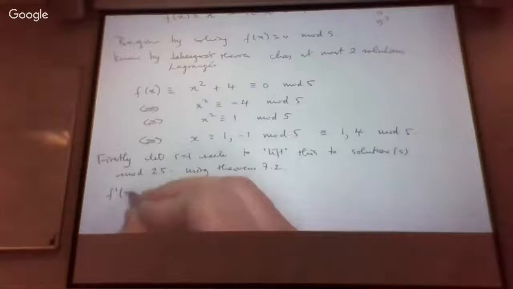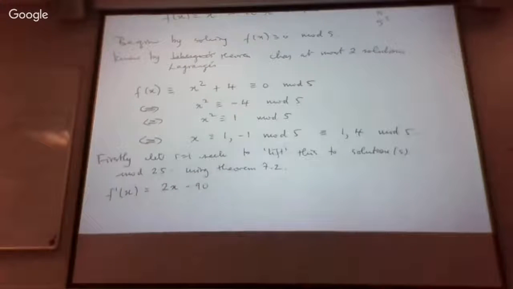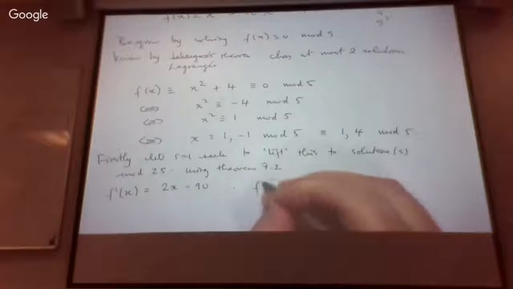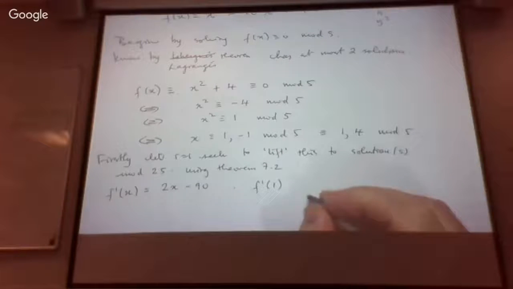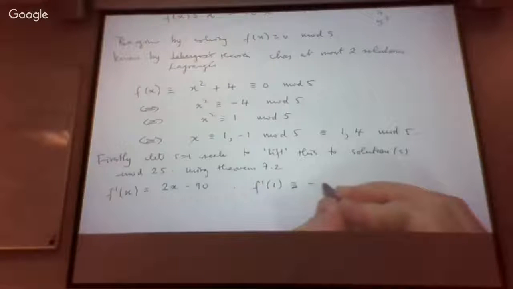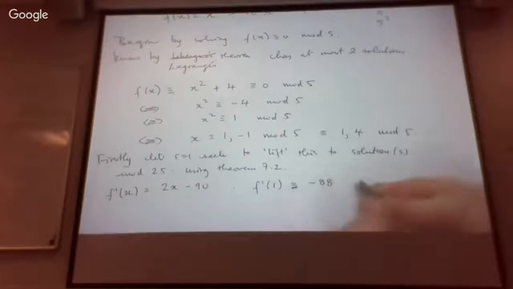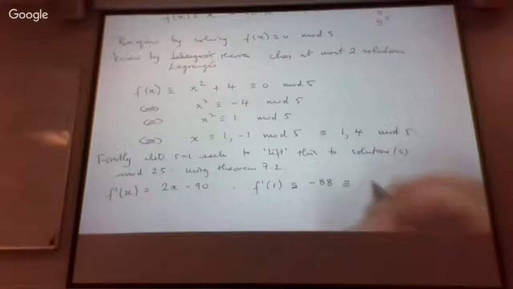So the derivative of the polynomial is 2x minus 90. When you evaluate that at 1, at the current solution, it's 2 minus 90, which is equal to minus 88. Whatever it is, let's just reduce that modulo 5, so that's equivalent to 2 modulo 5.